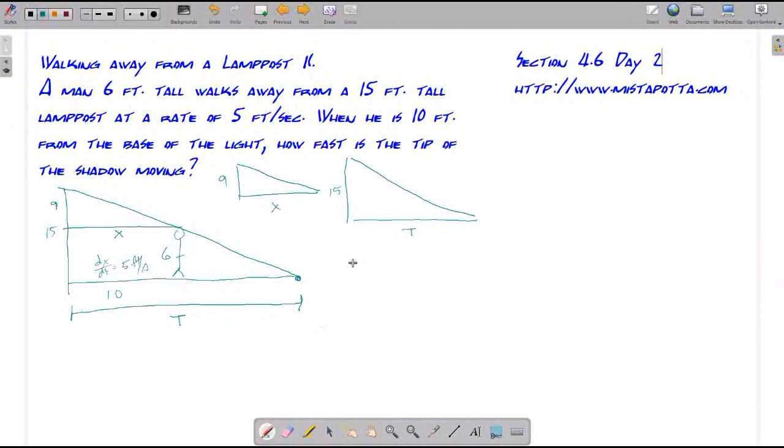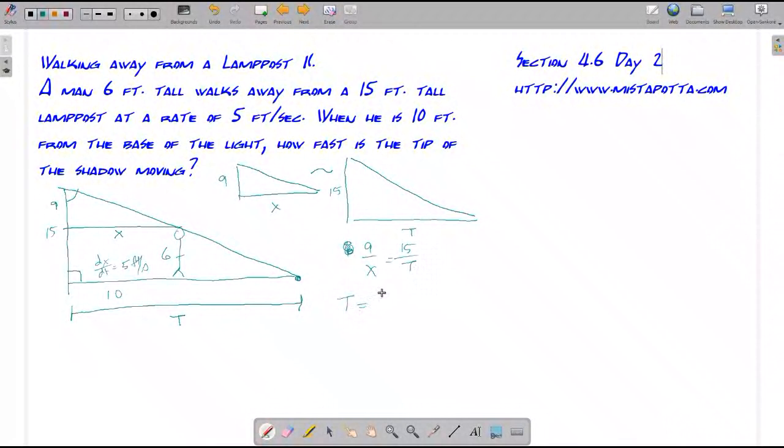So because again these triangles are similar, these angles in particular are the same as is the right angle down here, these sides are proportional. So I have 9 over x equals 15 over T. And so I can find a relationship for T in terms of x.